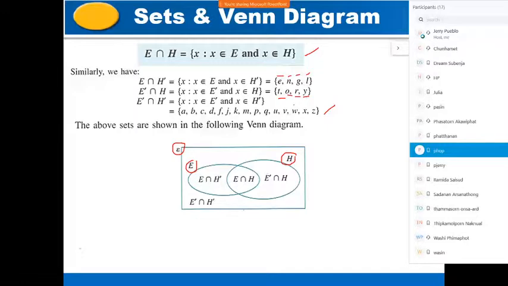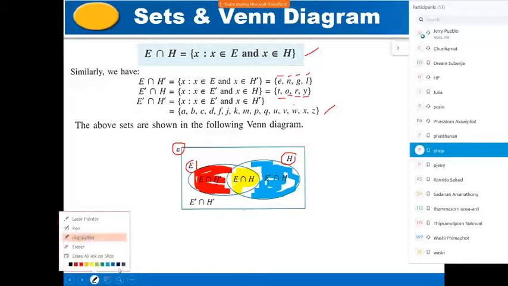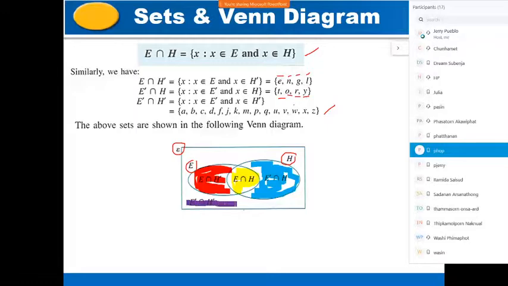This red part here is E intersect not in H, and this part here is E intersect H. And this part here is not in E, or E complement, intersect H. And this one is E complement intersect H complement, or not in E intersect not in H, outside of that.